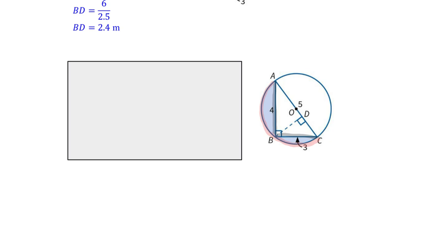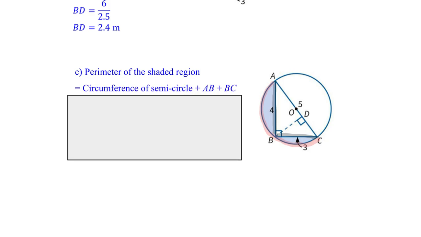The only thing to take note is that the radius is half of 5 because diameter is 5. Okay. And therefore, the perimeter is simply the circumference of the semicircle plus my AB and BC.